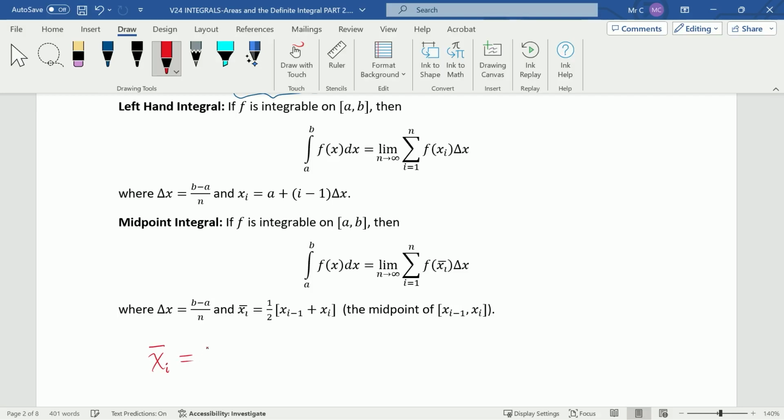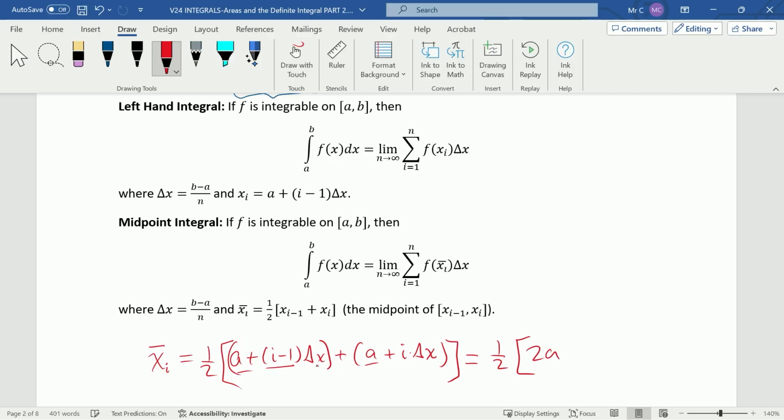x sub i bar is 1/2. I take the formula for the left hand, that's a plus (i minus 1) delta x, plus the formula for the right hand, that's a plus i delta x. Here we've got a plus a, that's 2a.